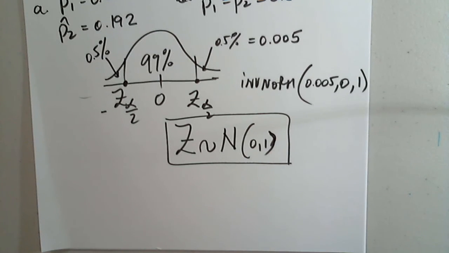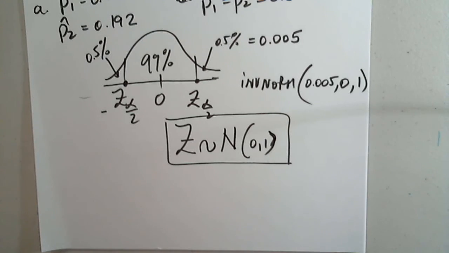So yes, you can use center, right, whatever. But for everyone to be able to work with this, the area is this, and it is to the left. Mean 0, standard deviation 1. I only want to determine, just give me the number. It's negative 2.576, famous number. We worked with it before.